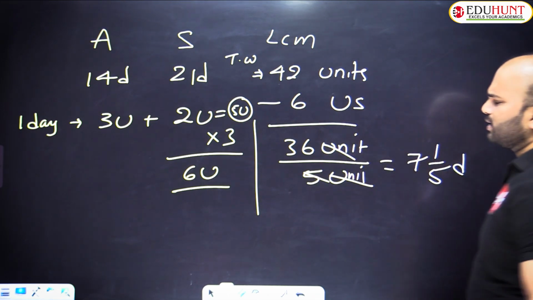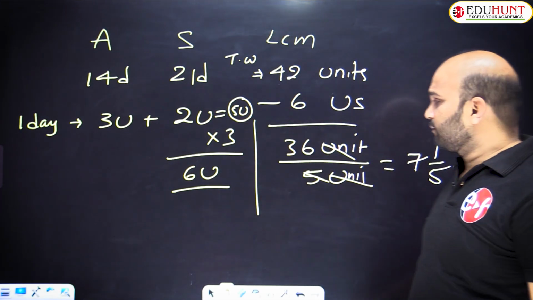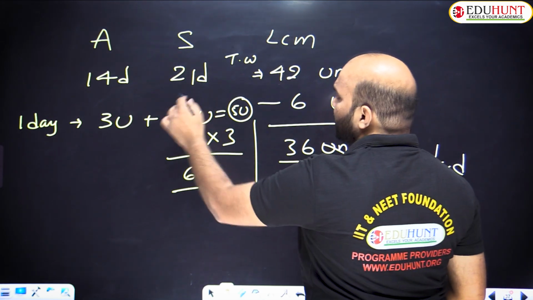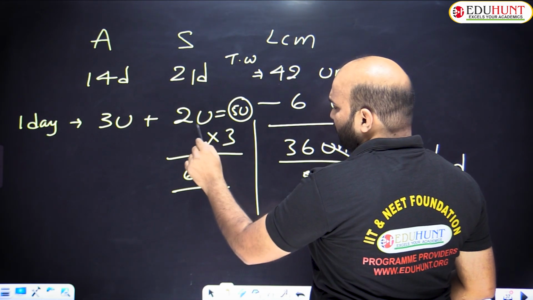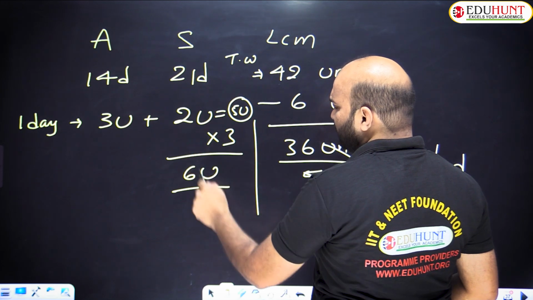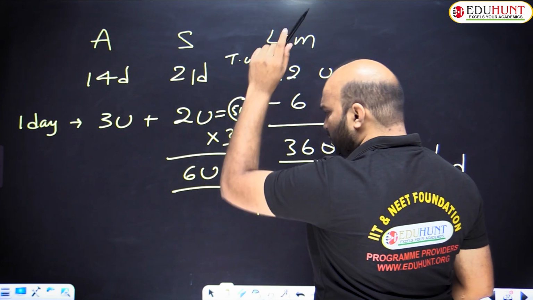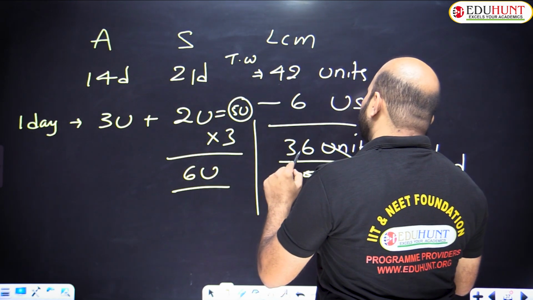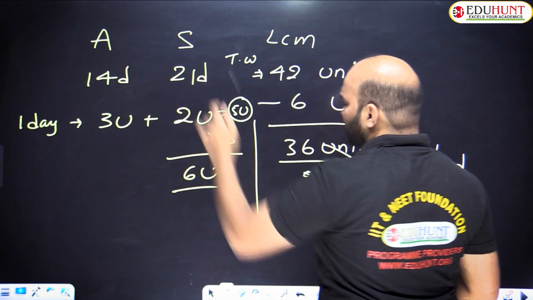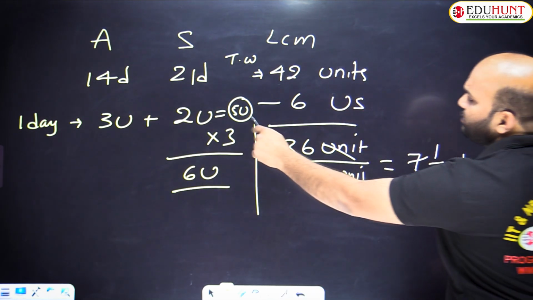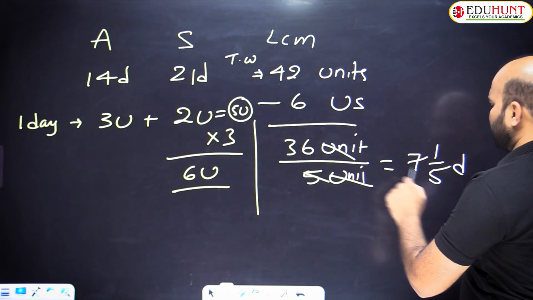At 5 units per day by both initially, because we already calculated that in the last 3 days only Sunita was engaged, 2 units per day, 6 units in 3 days. So in the remaining work, both Aman and Sunita were engaged in the initial days. Each 1 day 5 units completed, 36 units, 7 and 1 by 5 days.